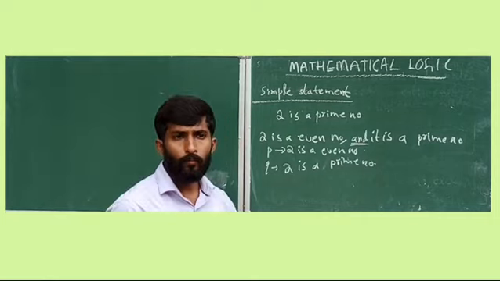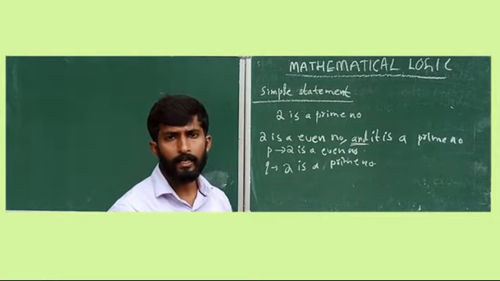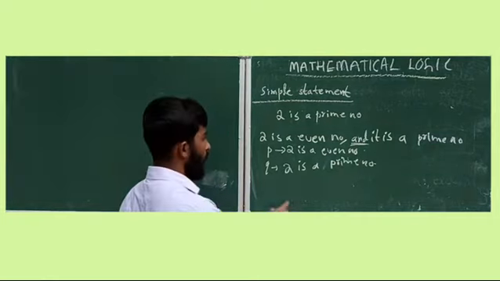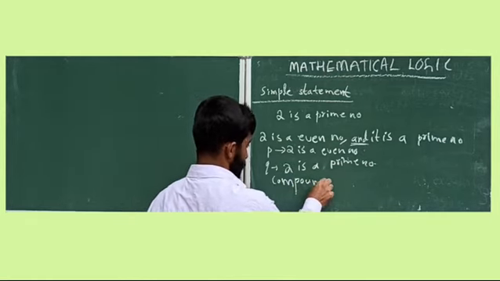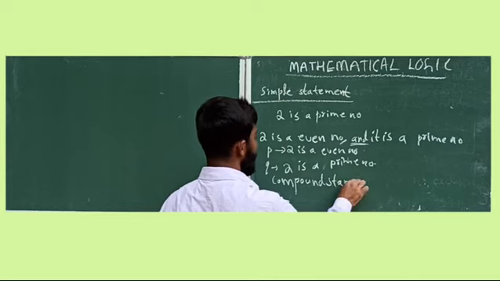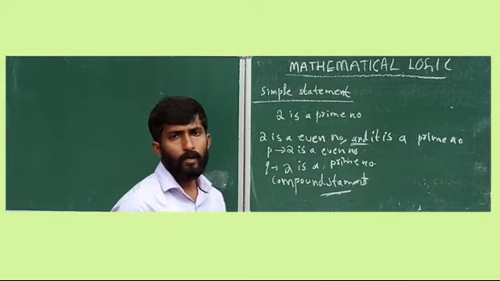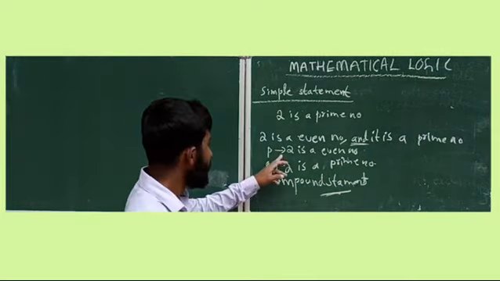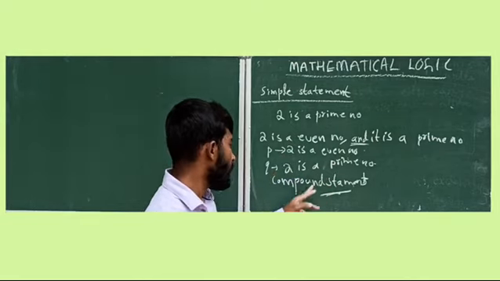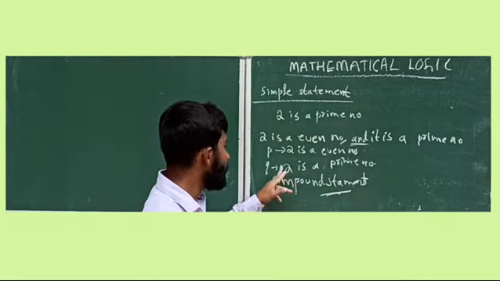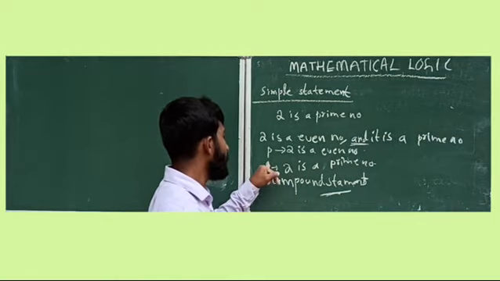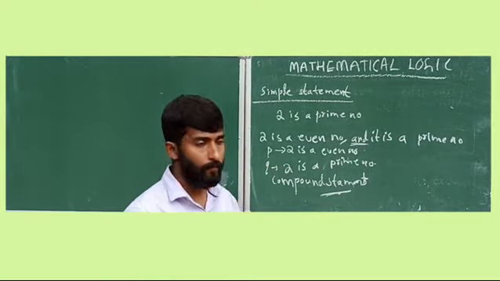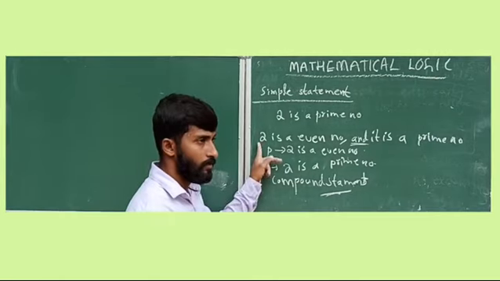Two or more simple statements connected with connectives, then we call it a compound statement. A compound statement means it's associated with two or more simple statements. Here one simple statement is 2 is an even number. The second simple statement is 2 is a prime number. Here P and Q are called components of the given compound statement.